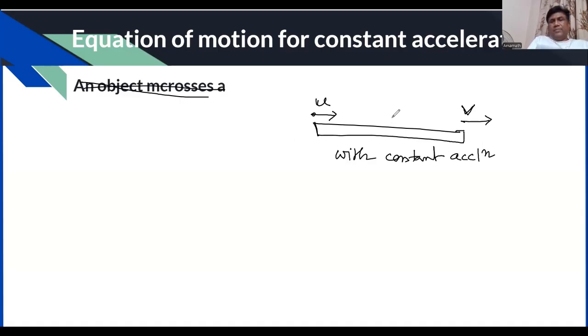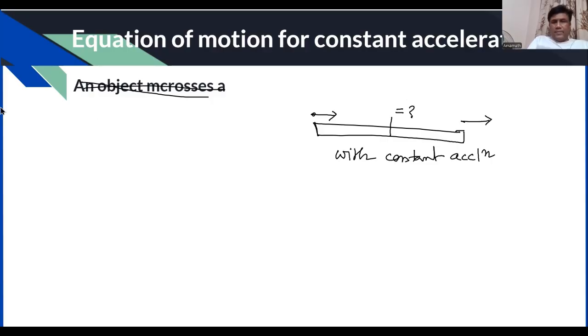So what will be the velocity at the midpoint of the bridge? Please try it. Or you can take, say this is V1, this is V2.